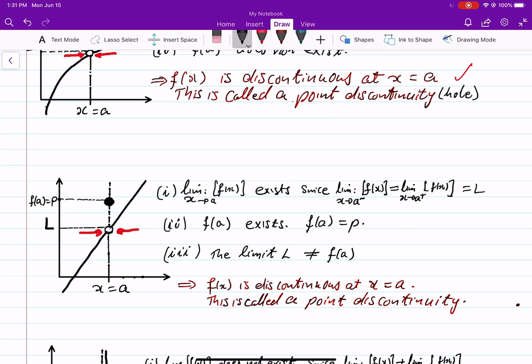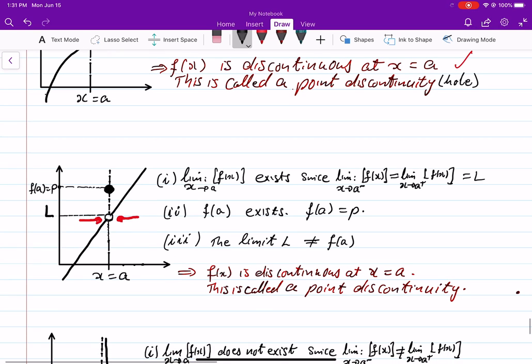F of a exists because that's where I have the value of the function above the value of L. But in this case, the limit, which is L, is not the same as f of a. There are two distinct points. F of x, again, in this case, is discontinuous at x equal a. And this, again, is called a point discontinuity.